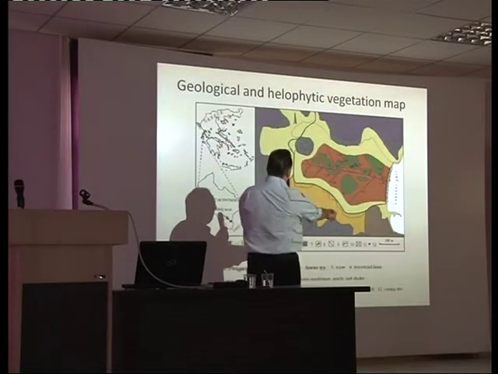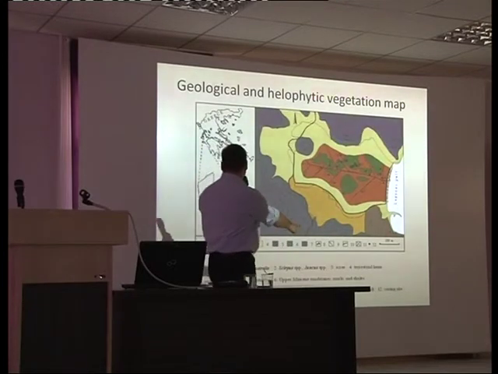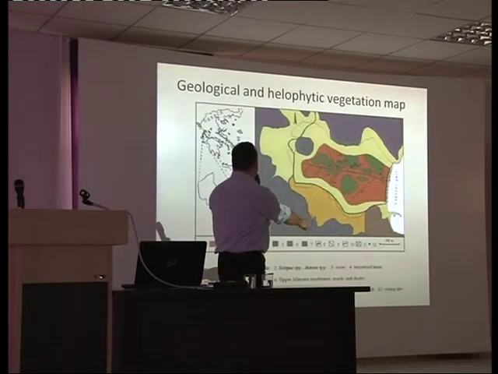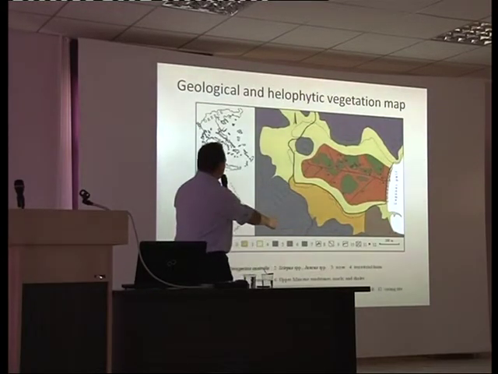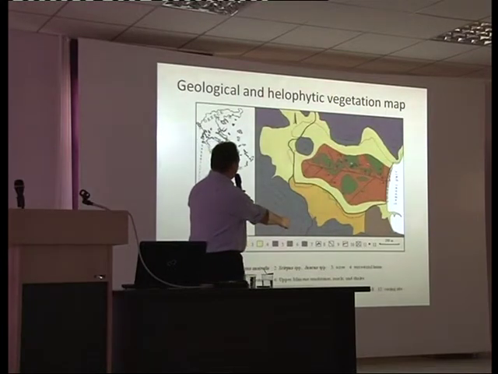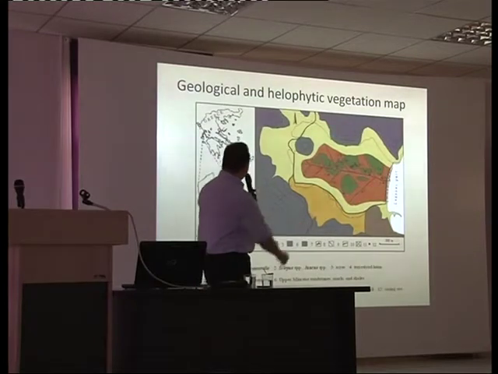We discriminated the vegetation. So we found vegetation: Cyperaceae, Phragmites, Scirpus, Juncus, and here are the springs that we located. And somewhere here is this Herodotus spring.